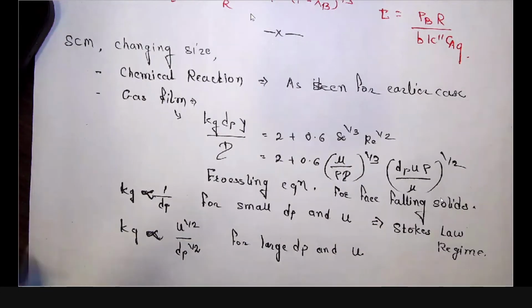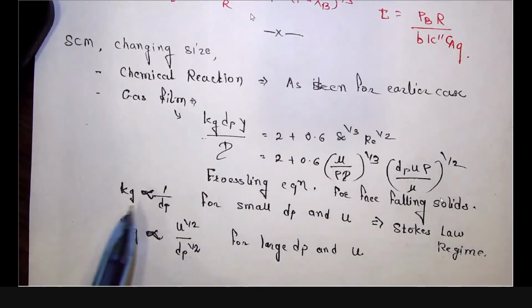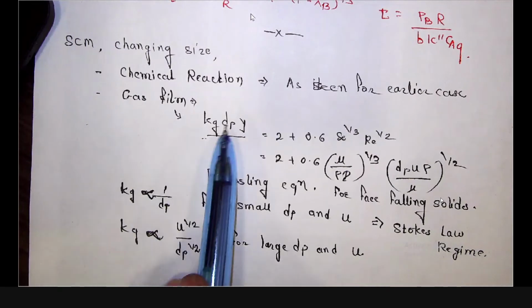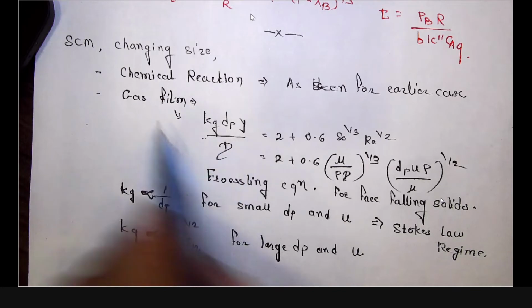We'll have this kg, which is as in the earlier case for the gas film equation. So accordingly, we have to substitute the value of kg in that one, and then you can simplify the equation. So we'll go for this particular case of Stokes law.